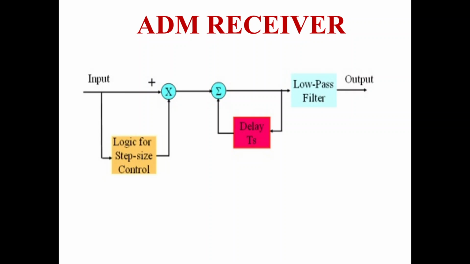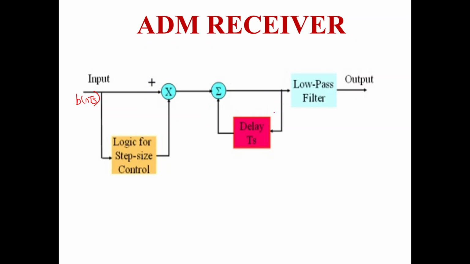This shows the receiver block diagram of adaptive delta modulation. Here, the first part is the logic for step size control. It generates the step size for the input. For each input, this logic for step size control generates the step size. The previous input and the present input decide the step size.